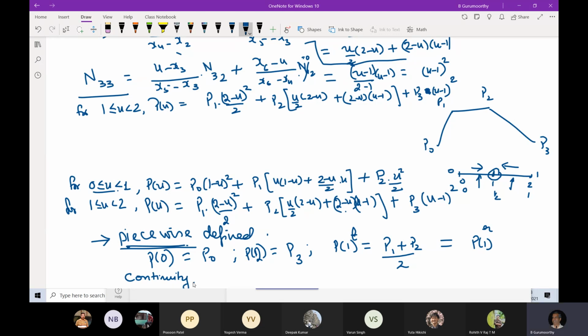In fact, I'm not going to differentiate this, but if you differentiate this, you will find that Pu at 0 will be, if I'm not mistaken, 2 P1 minus P0, and Pu at 2 will be twice P3 minus P2.